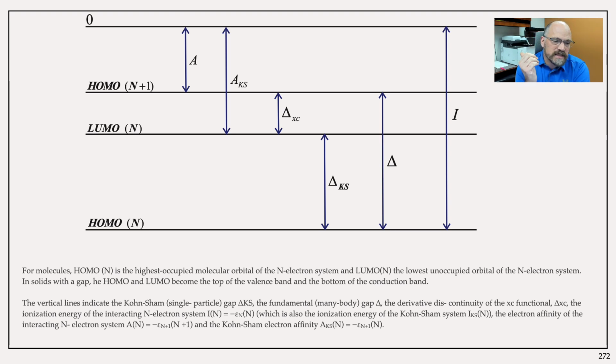It turns out that the true band gap, the capital delta without any subscript, on the right-hand side there, is the energy difference between the highest occupied energy for the system with n electrons, compared to the highest occupied molecular orbital for the system with n plus 1 electrons, right? This is exactly what you can show there with the blue arrows.